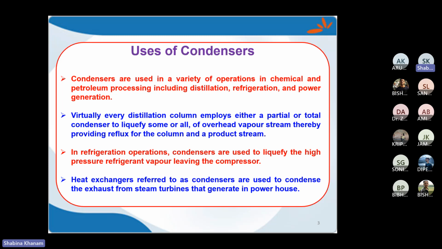So whatever the exit of turbine is, either total steam or some condensation has already been done, that stream enters into the condenser, converts the whole stream into liquid or water, and then it passes through the pump.